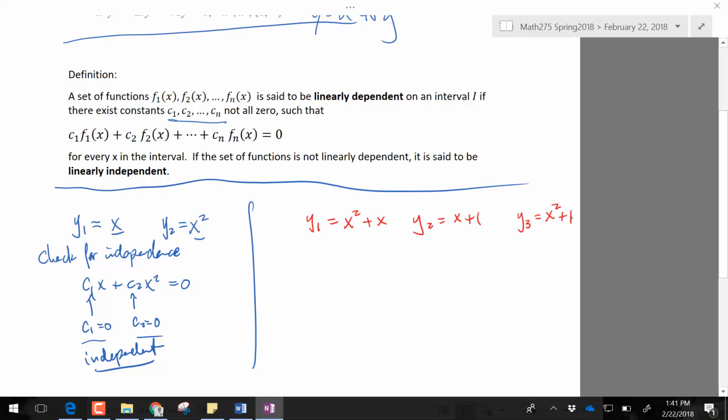So here I have three functions, and I want to know if they're linearly independent or dependent. We're going to check by multiplying these by some arbitrary constants: c1 (x squared plus x), c2 (x plus 1), c3 (x squared plus 1).